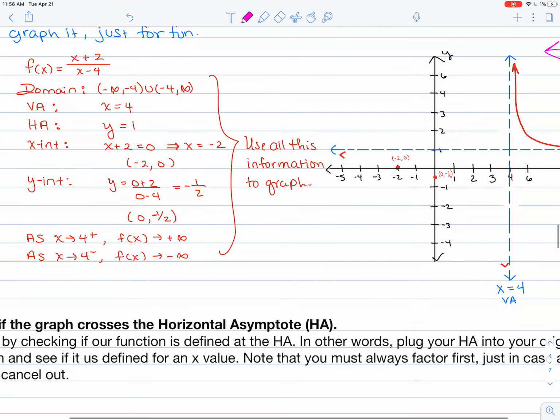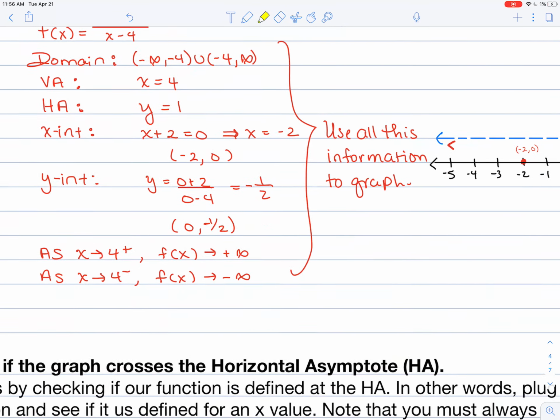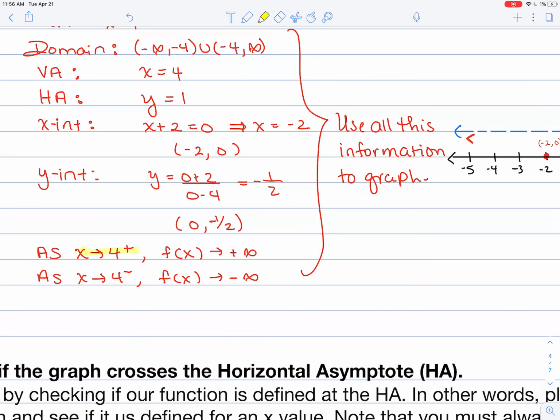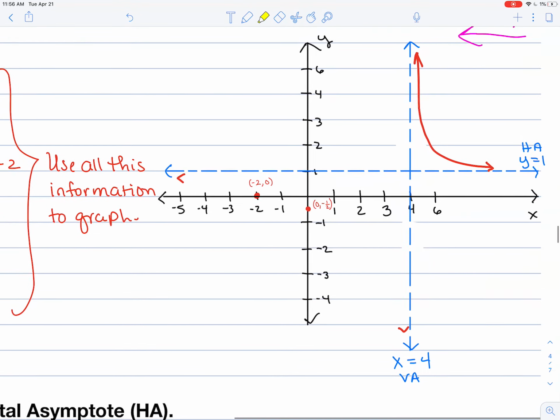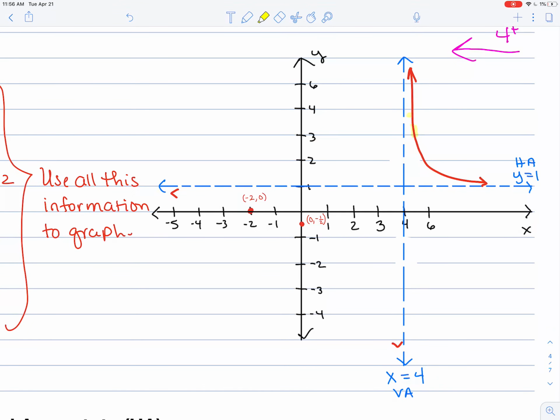We're coming from the right. So let's look at what happens as x approaches 4 from the right here. F of x is getting closer and closer to positive infinity. And that is how I know that I'm going up and not down. Because my graph could have also been maybe down here, but f of x is not approaching negative infinity. F of x is approaching positive infinity. So I know that my graph is the top graph.